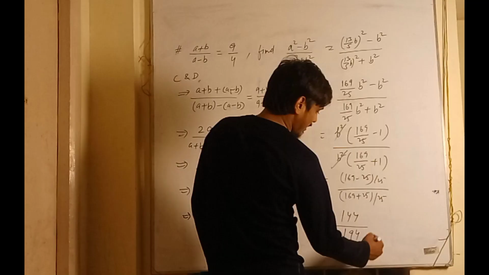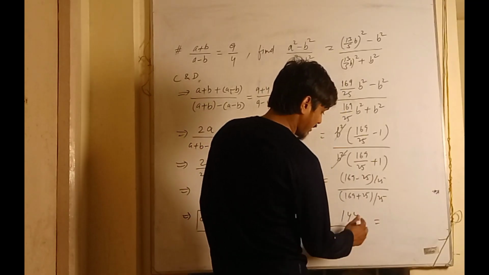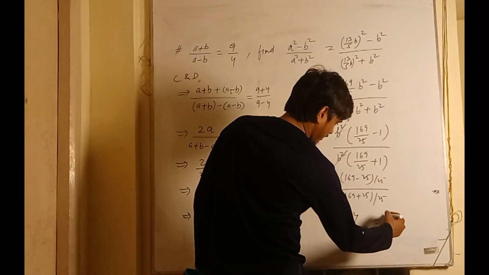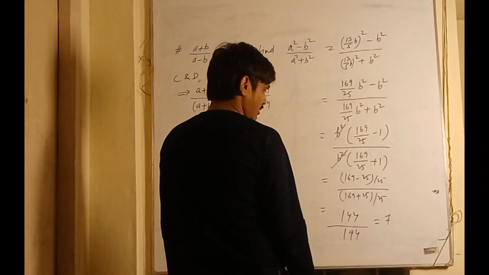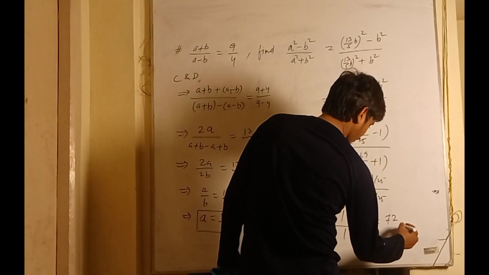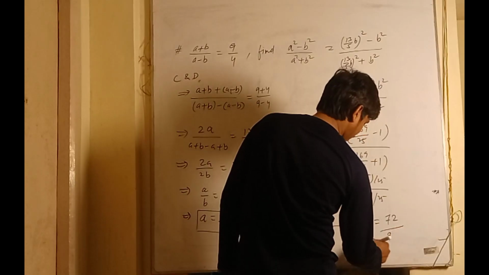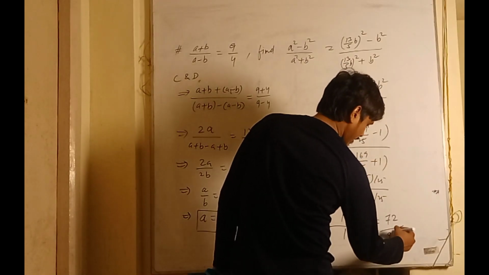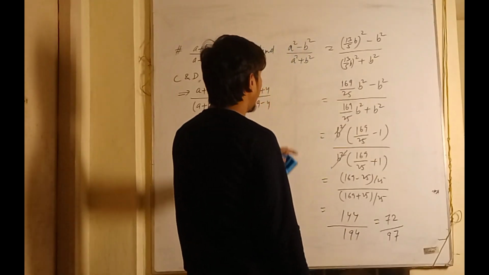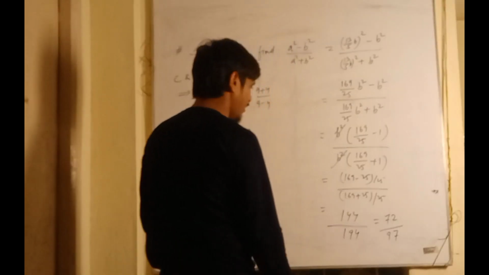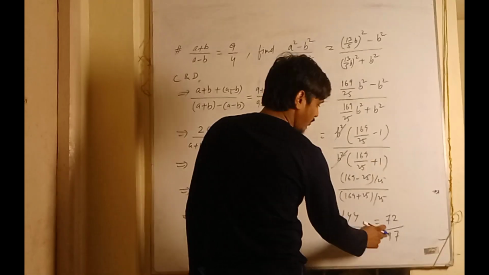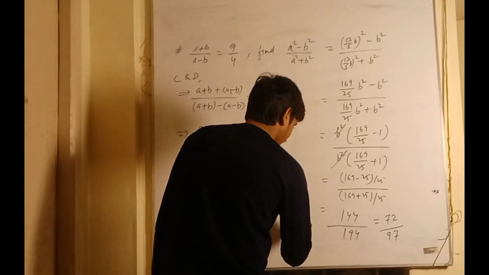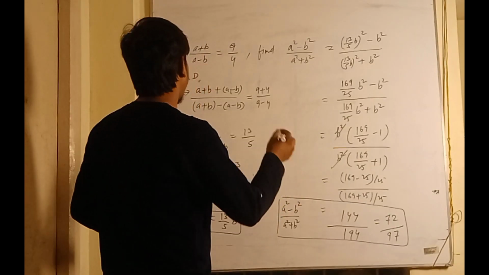So if we are cancelling that, we'll get 2 times 72, and 2 times 97. So the value of a square minus b square over a square plus b square is equal to 72 over 97.